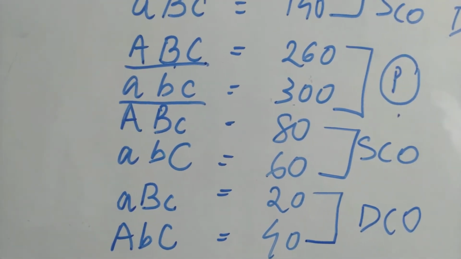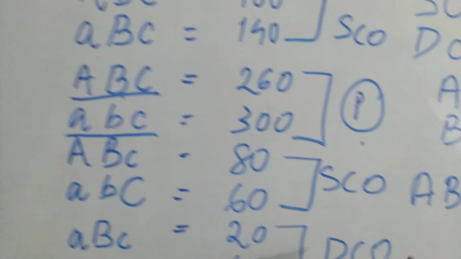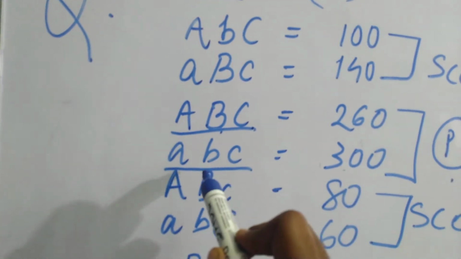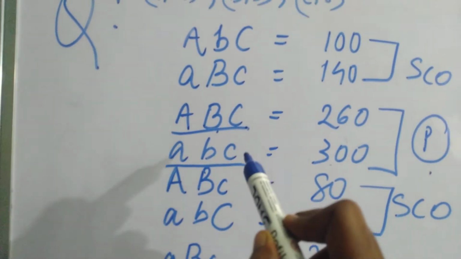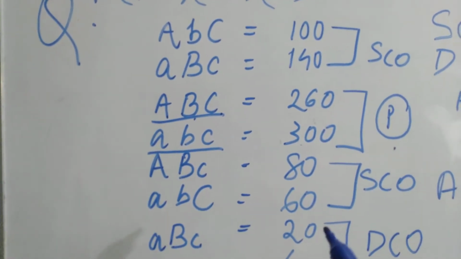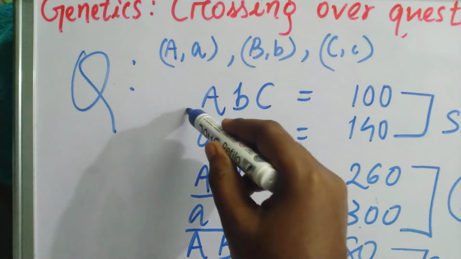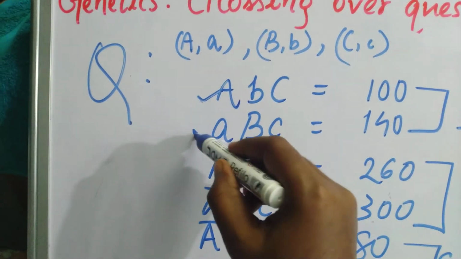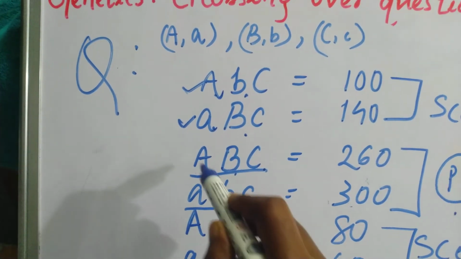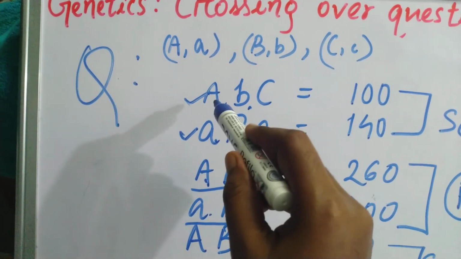So if you have to find out the distance between A and B, what you have to do? Just take the parent allele configuration, that is capital AB and small ab. The sequences which do not have capital AB or small ab are the target area for you. If you check, AB, yes, because in case of parents we have capital AB and small ab, but in this case you will get capital A and small b.